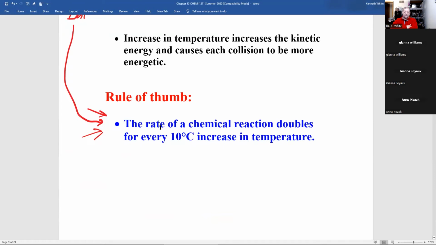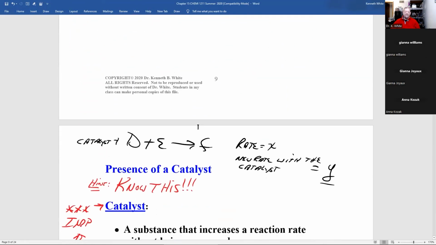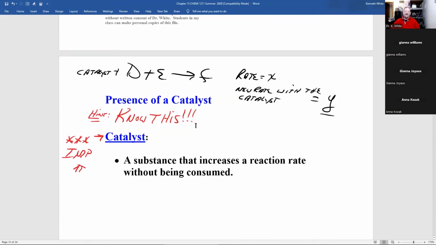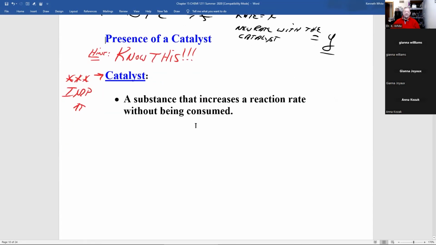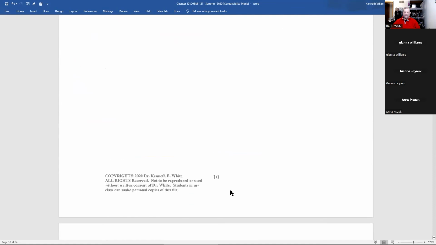So you should know that the rate of a chemical reaction, most of them, that's why it's called the rule of thumb, not a law, doubles for every 10 degrees C increase in reaction temperature. And finally, you should know that a catalyst will make a reaction go quicker.